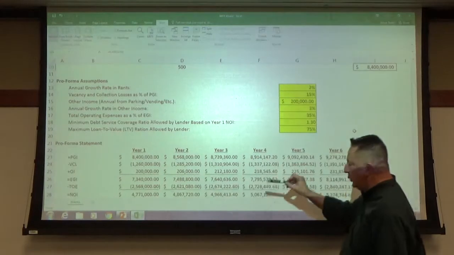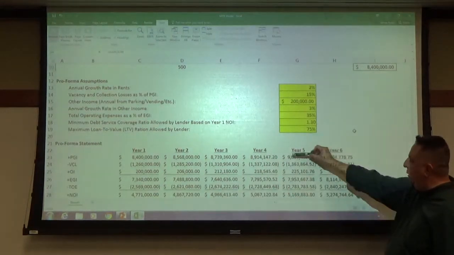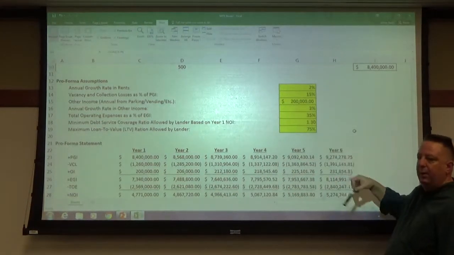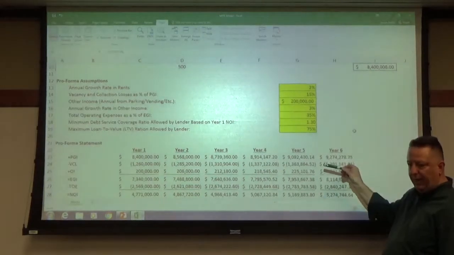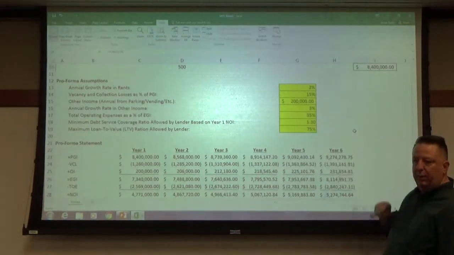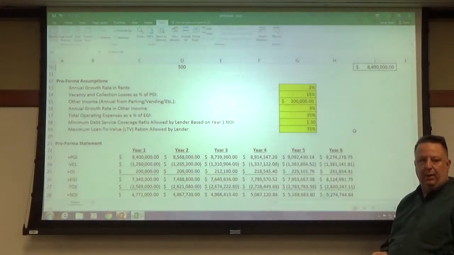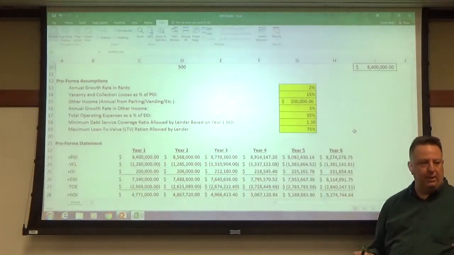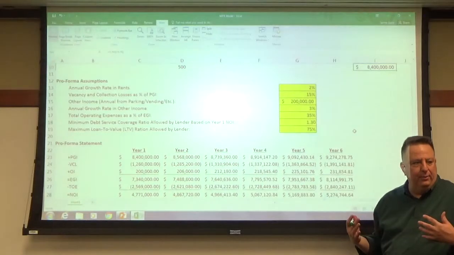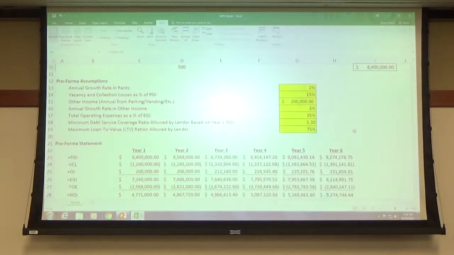Then each subsequent year, you simply take whatever the PGI is for that year, multiply it by 0.15, and that's going to give you the vacancy and collection loss for that year. Okay? All right, we all good? Nice, warm, fuzzy feelings inside? Okay, all right, moving on.